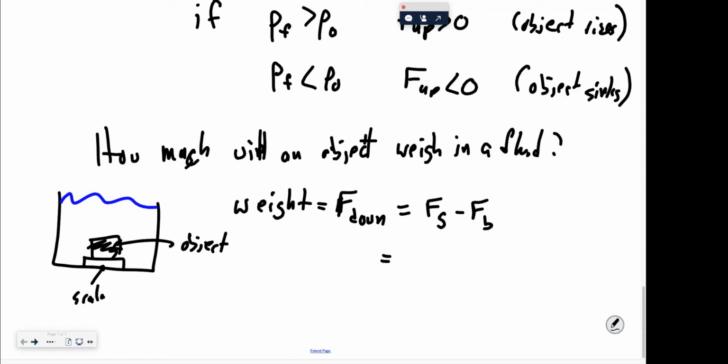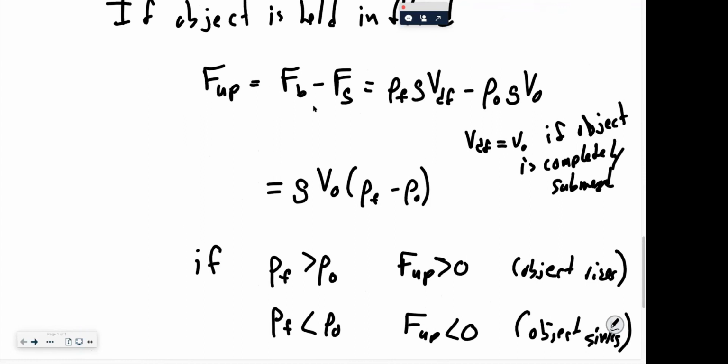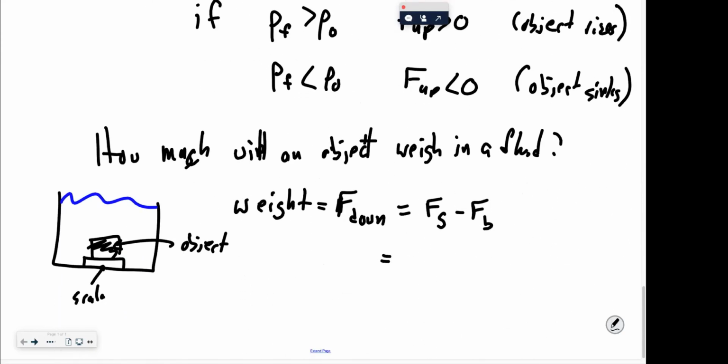So this is just the same thing we did before, except with the signs reversed, right? It's Fg minus Fb. We're going to get g V naught again, but these two things are going to be reversed. It's going to be g, the object, times density of the object minus density of the fluid.